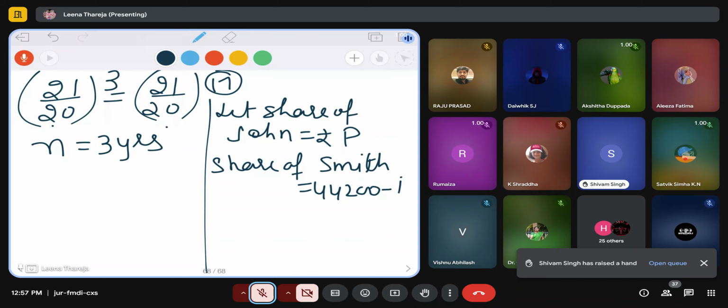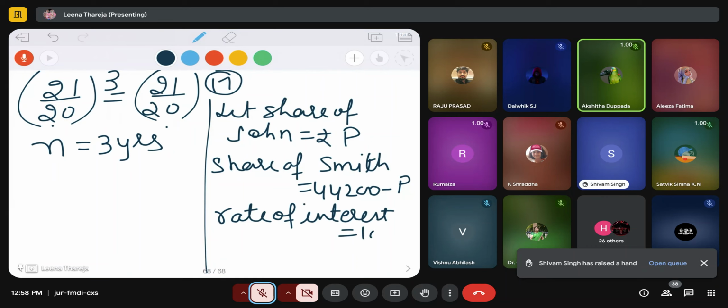Means the amount of John in 4 years will be equal to the amount of Smith in 2 years. Am I right? Yes, ma'am. That is the meaning only. They receive the equal amount when they reach 16 years, and the rate of interest is the same for both.